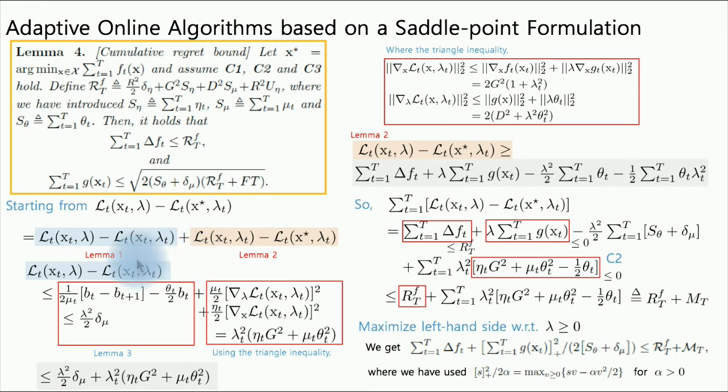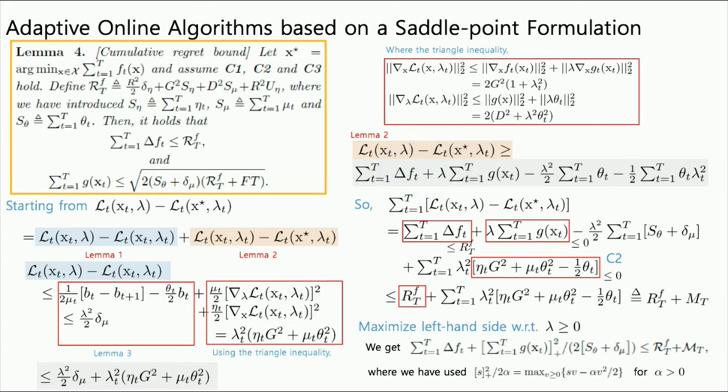So this formulation consists of lemma 1 and lemma 2. Lemma 1's upper bound we bound again by lemma 3, and by the triangle inequality of the subgradient of Lt with respect to lambda and x, so we can get these upper bounds, and this is lemma 2's lower bound.